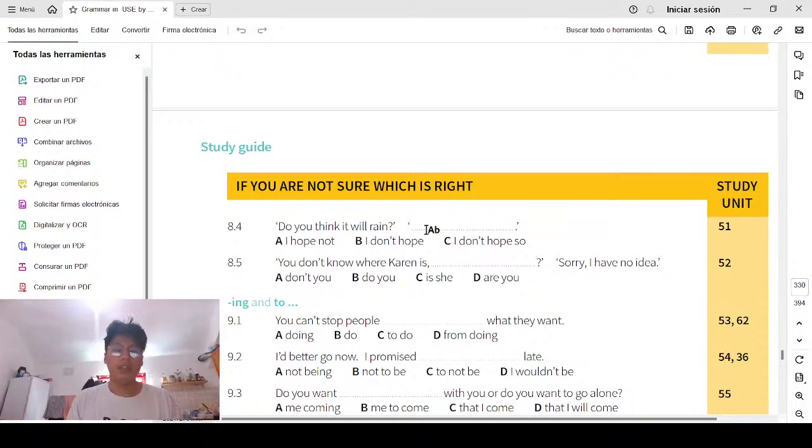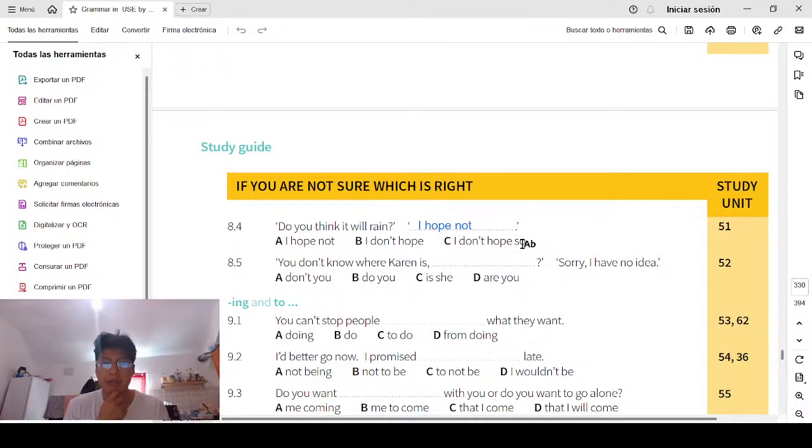Do you think it will rain? I hope not. Why is it I hope not? Why not? I hope so. Right? Basically, we can use I hope so, I guess so, I'm afraid so, right?